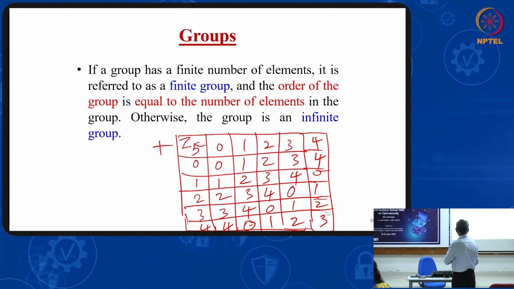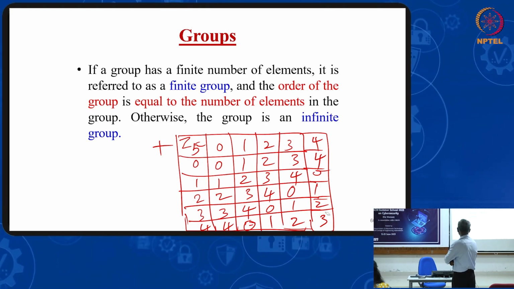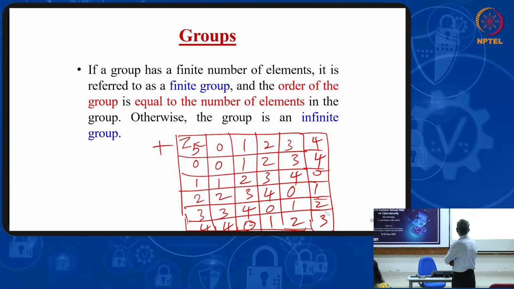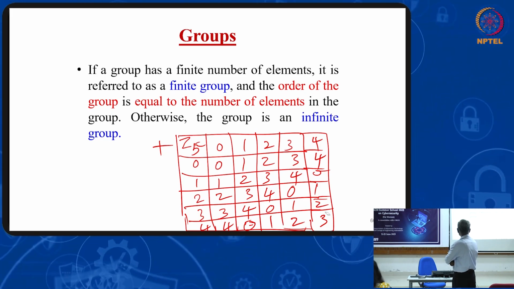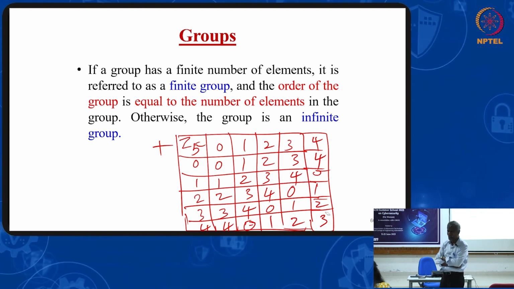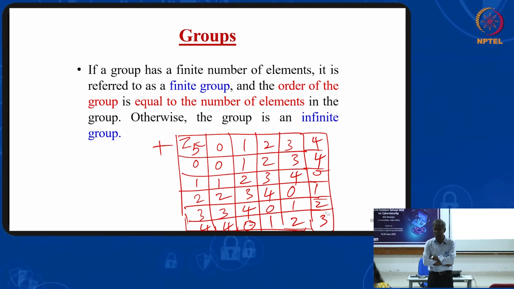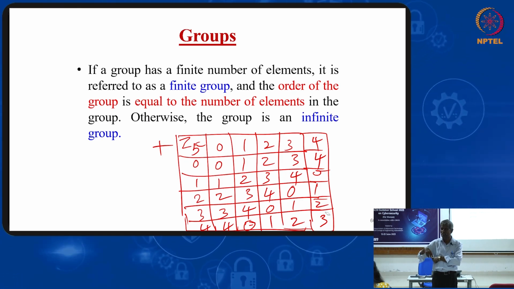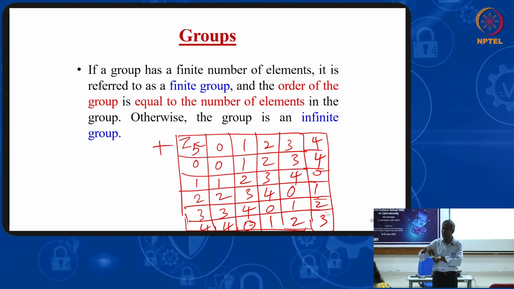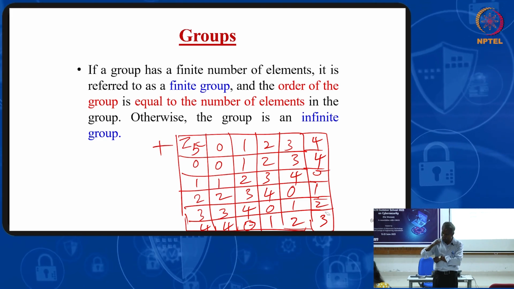Let me take 3. What is the inverse of 3? 3 plus something should give 0. So what is the inverse of 3? 3 plus something equal to 0. Minus 3 is 2.